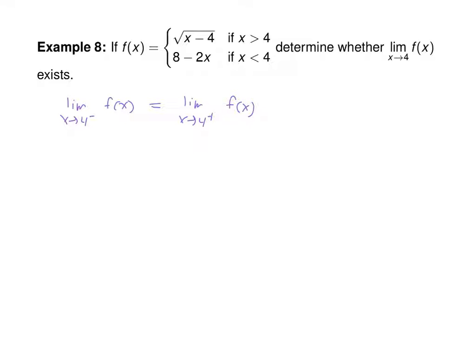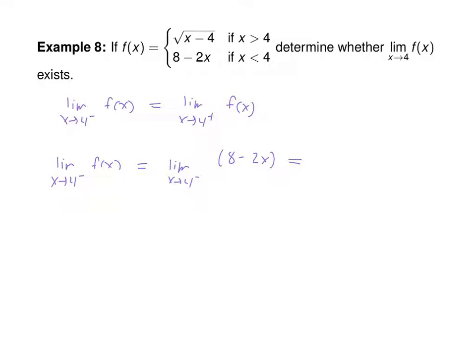So as you go to 4 from the left, so the limit as x goes to 4 from the left, which part of the function do you use for that? If x goes to 4 from the left, that means x is less than or greater than 4? Less than. So which part of the function is for x less than 4? The 8 minus 2x part.